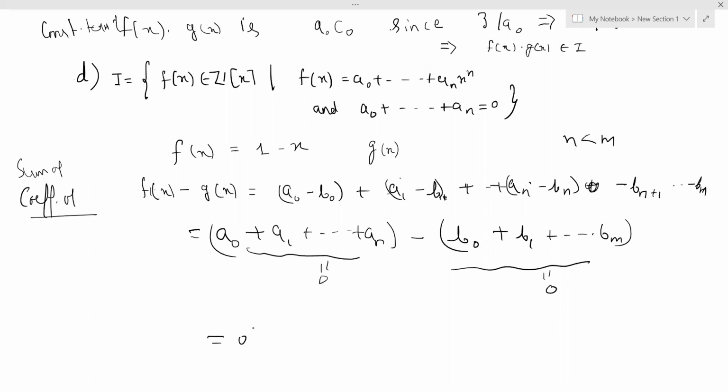Agreed or not? Please respond. So this is also an ideal, right? So till now we cannot say; we just checked that it is an additive subgroup. Zero, when the sum is 0, any multiple.